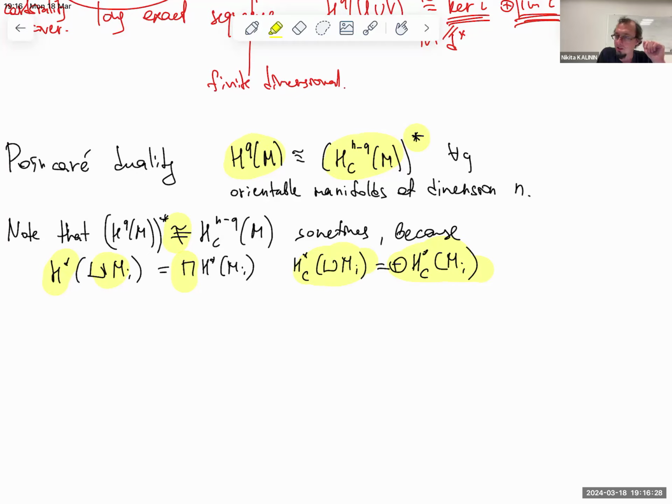Exactly because of compactness, right? We cannot consider a function which is not zero on infinitely many copies of the manifold, since the support must be compact. For finite unions the sum and the product are the same, but for infinite ones they are not, and because of that you cannot write this duality in the other direction. But it's true if your manifold is compact.